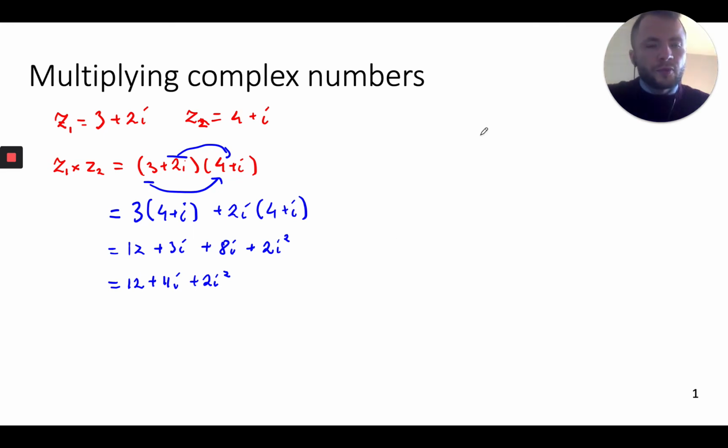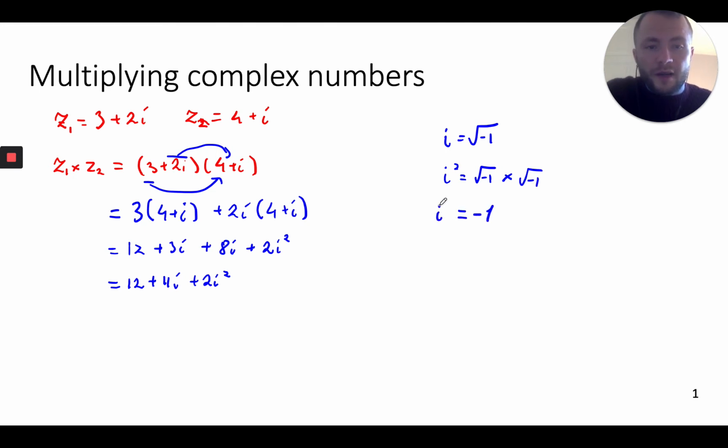Now I want you to try and remember the first video about complex numbers. In that video we said that the number i is equal to the square root of minus 1. And if we get i squared, it's the same as the square root of minus 1 multiplied by the square root of minus 1, which gives us a result of minus 1.